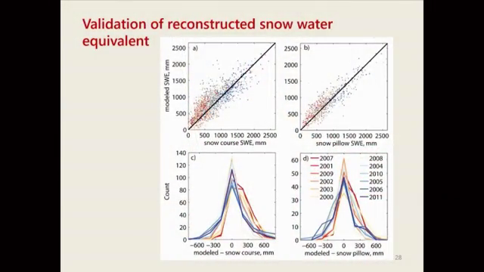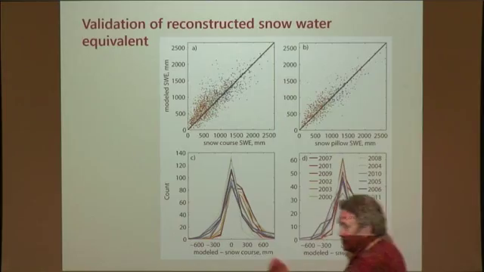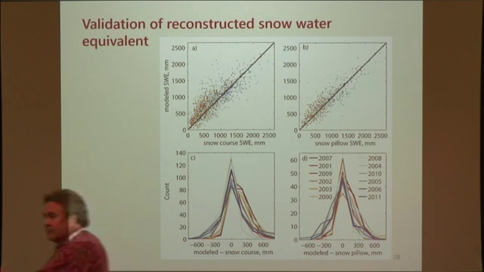So the way this works, we've compared this in the Sierra, where we've got surface measurements, with measurements at snow courses, which are the ones done monthly by people skiing through the mountains and poking a tube in the snow and weighing it, and also with snow pillows, which are an automatic measurement.